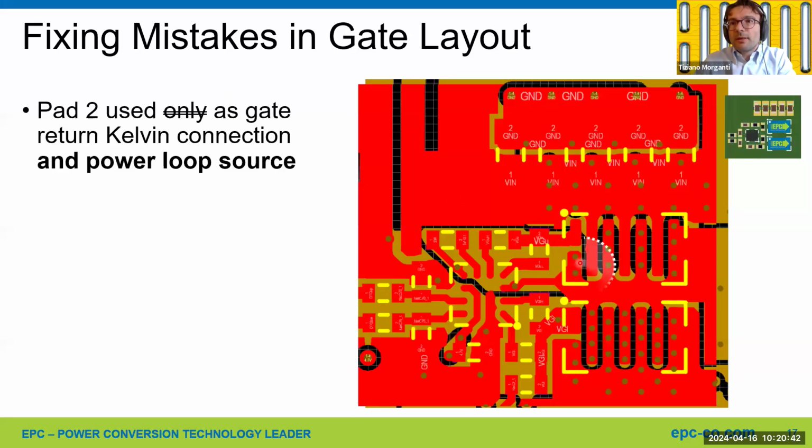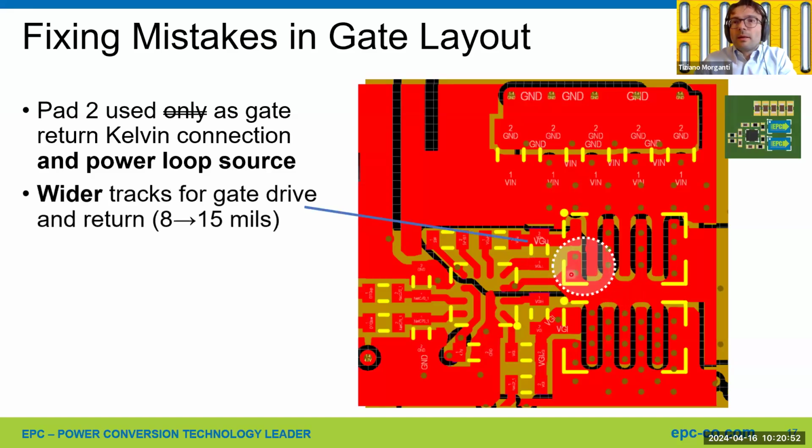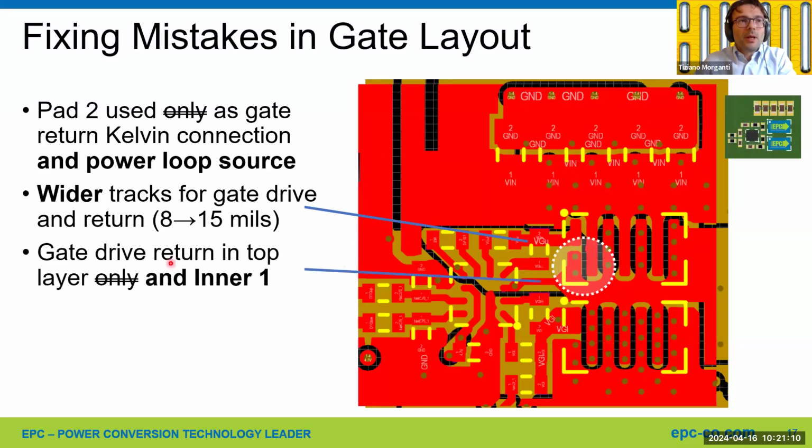Basically, we added the connection between pad 2 and the other source pads. In this way, we connect this pad to both the gate loop and the power loop. We increased the width of the tracks from 8 mils to 15 mils to try to reduce the gate loop inductance.